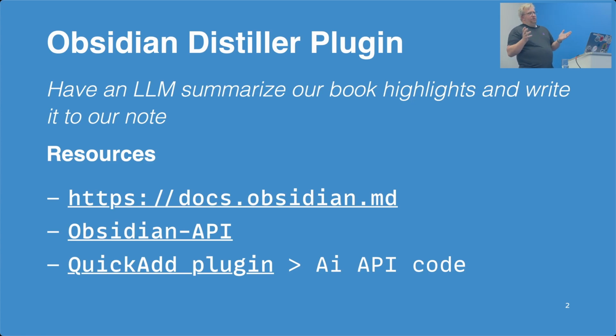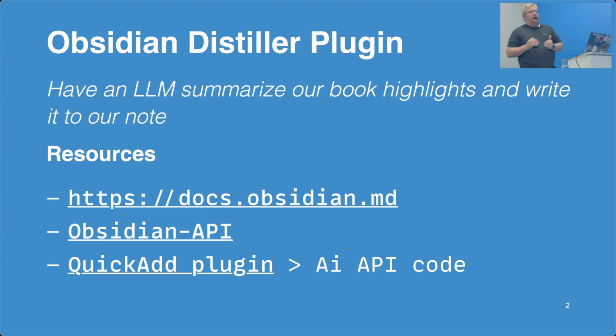Some of the resources I used for this: one, I have an Obsidian plugin called Clipper that I've been developing for the last year and a half or so, and you can also check out the docs.obsidian.md site. That is a pretty amazing site that's relatively new. It's been there for about a month or two. No, probably a little bit longer than that.